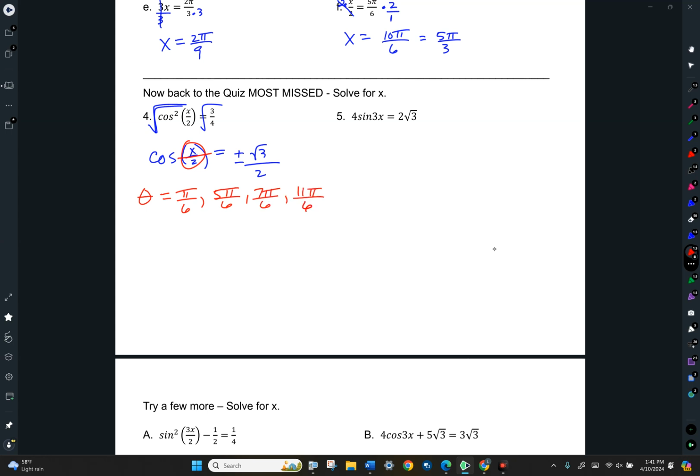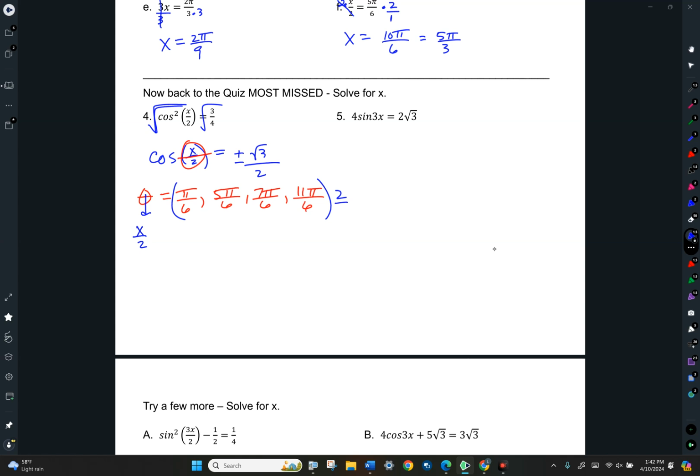But since I'm really solving for x and not just theta, what I was calling theta was actually x over 2, right? Well, if I want to solve for x, wouldn't I need to multiply by 2? So basically, I'm going to multiply all of these by 2.